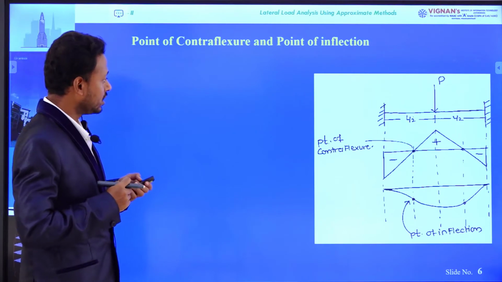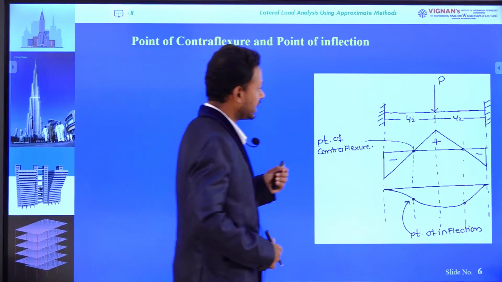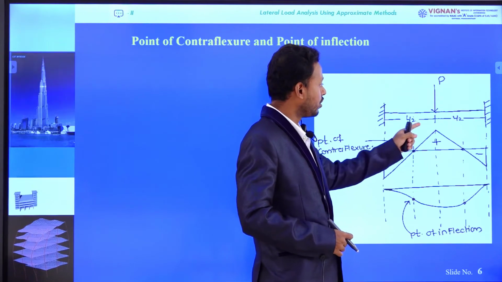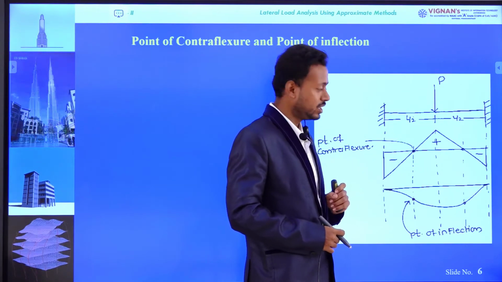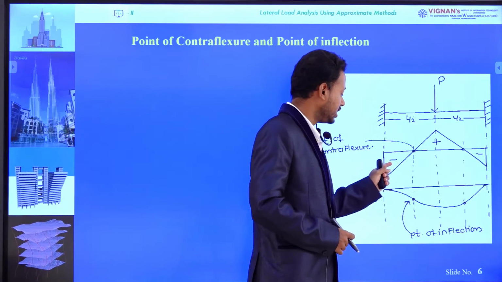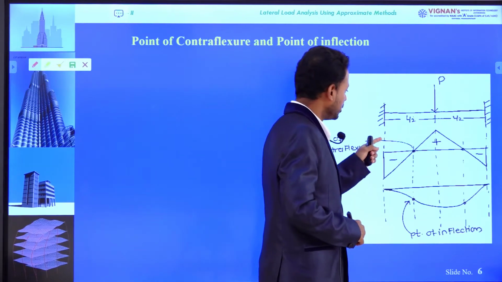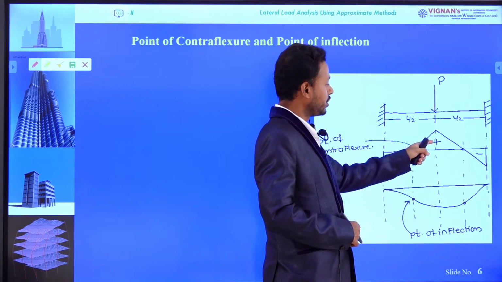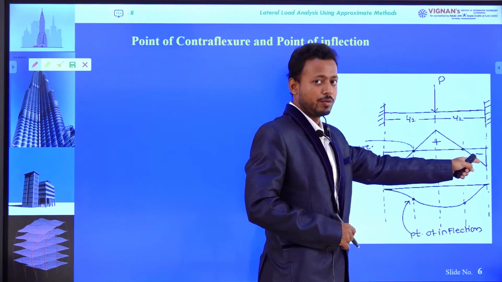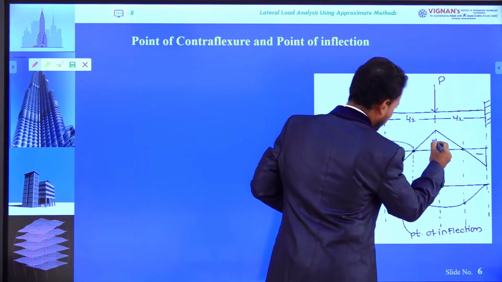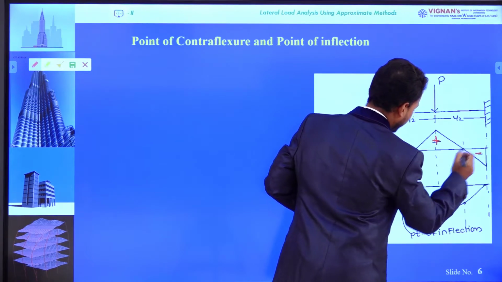Suppose we assume a fixed beam subjected to a point load at the midpoint. What will the bending moment diagram be? At the support, a negative bending moment will occur. At midspan, a positive bending moment, and again a negative bending moment.